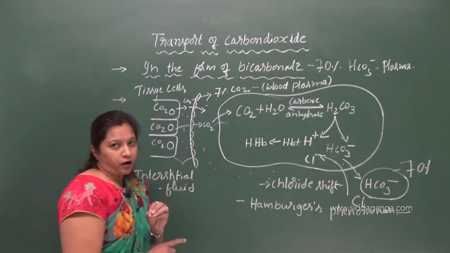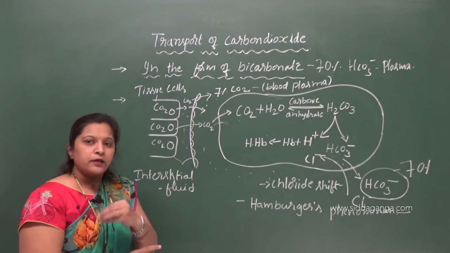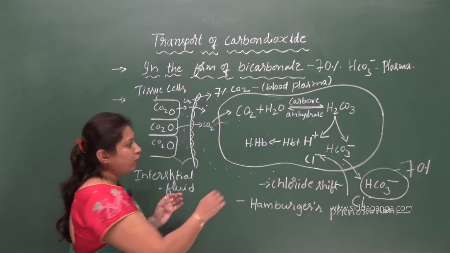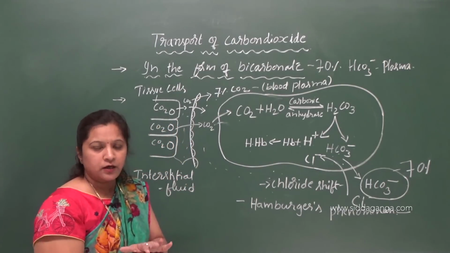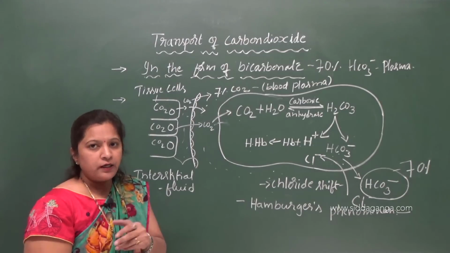Okay, see here, it is due to the high partial pressure of oxygen. So the affinity of hemoglobin for oxygen increases, so that the hemoglobin binds with the oxygen and forms what? Oxyhemoglobin.